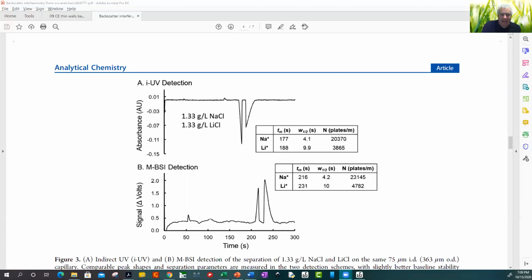So in this case, what they're saying is that for this negative absorption, when the sodium ion or the lithium ion elutes, the solution becomes more transparent to the ultraviolet than just the buffer going, right? So whatever amount of buffer these low concentrations of ions displaces literally increases the transmission of ultraviolet light.